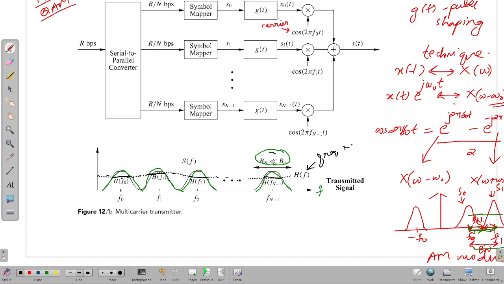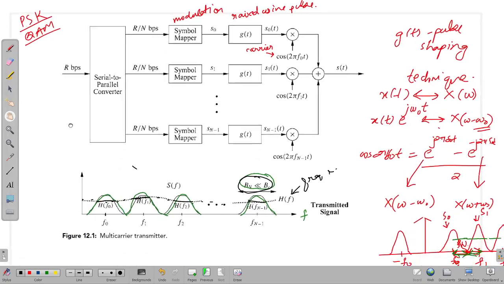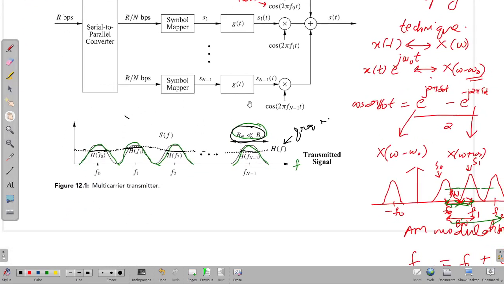In other words, Bn, the bandwidth of the substream, is much less than the coherence bandwidth of the channel. This is the concept behind multi-carrier communication.